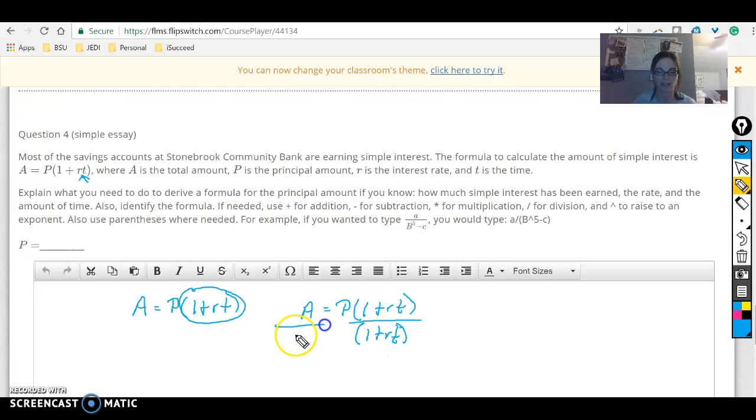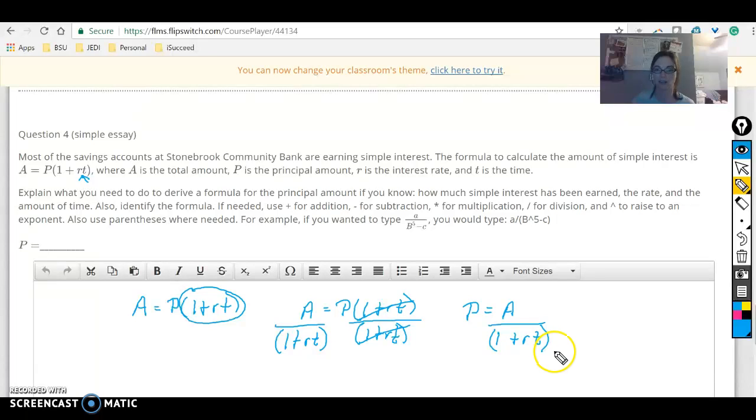And I'm left with that on the left, so 1 plus RT. So P is going to be equal to A over 1 plus RT.